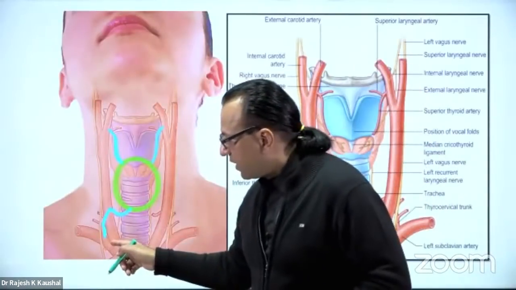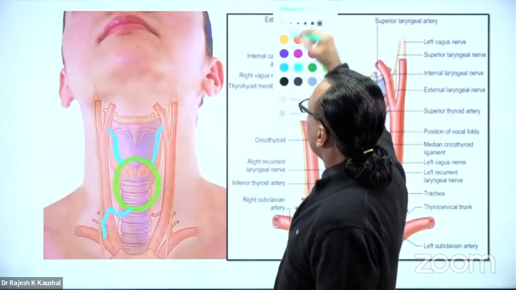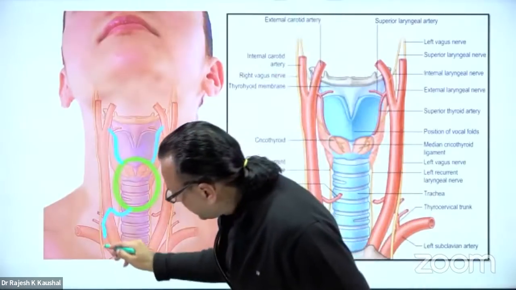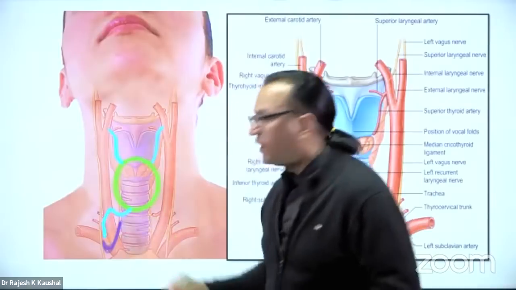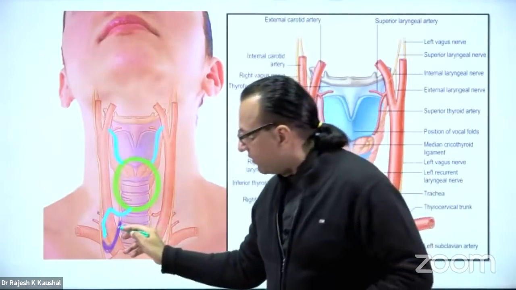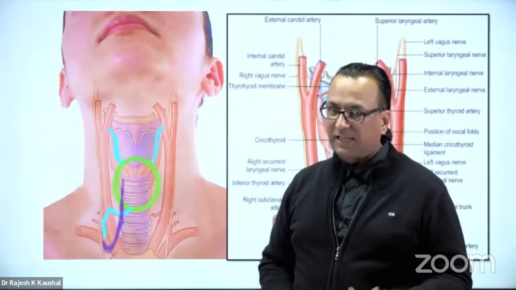And the subclavian artery there, you had this nerve we are talking about, taking a loop, that is the recurrent laryngeal nerve. Now, the recurrent laryngeal nerve comes in close contact with the inferior thyroid artery while going towards the larynx to supply the larynx muscle.